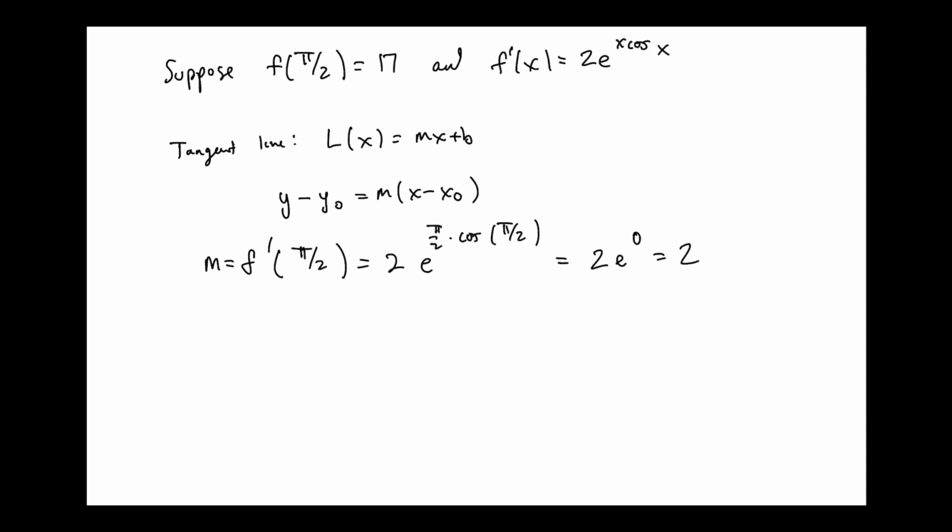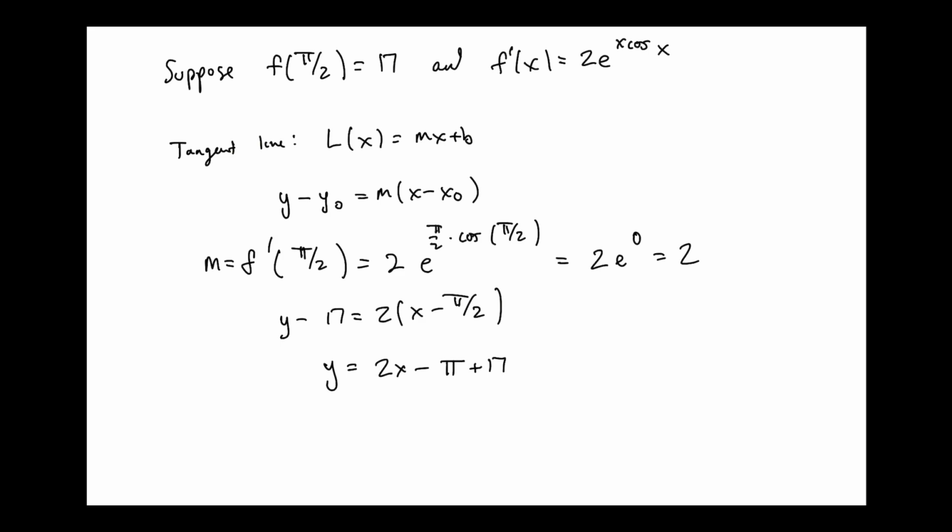Yeah? Okay, so there's the slope. We know the point. So what's the equation? Y minus 17 is 2 times x minus pi halves. And if I rearrange this, okay, then I've got it in mx plus b form.